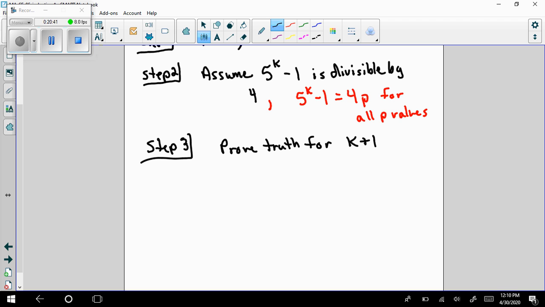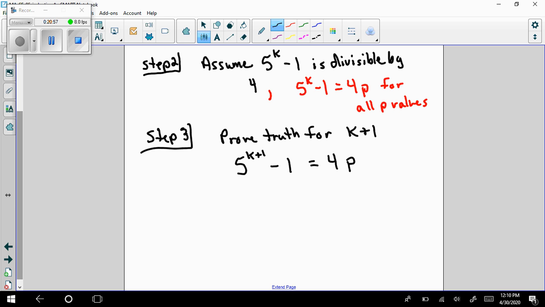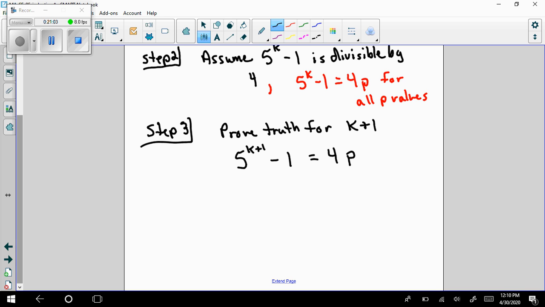So I have 5 to the k plus 1 minus 1, and I want to show that that is going to be equal to 4 times some number p. Okay, so we're going to have to use a little mathematical knowledge in order to work on this left side.